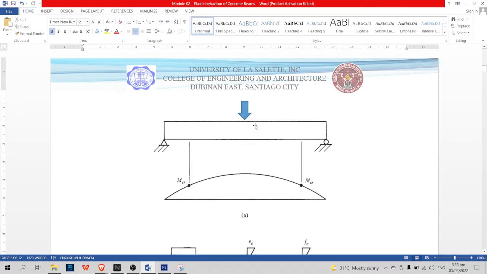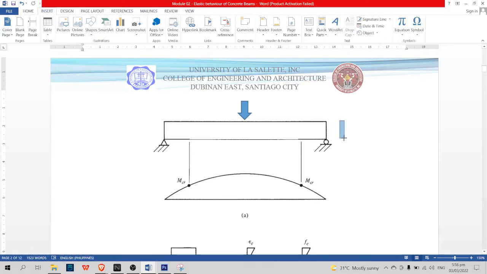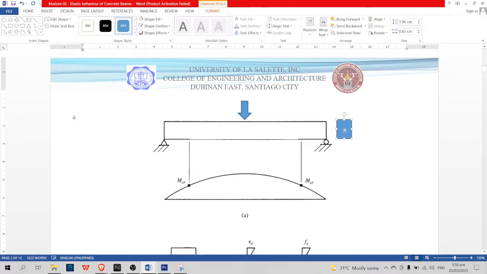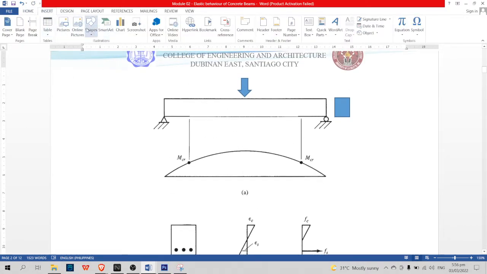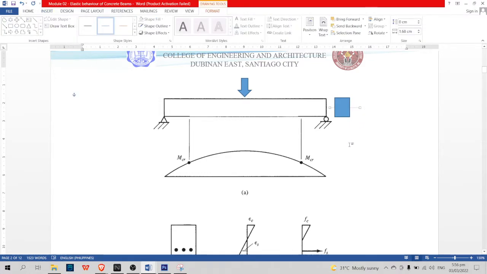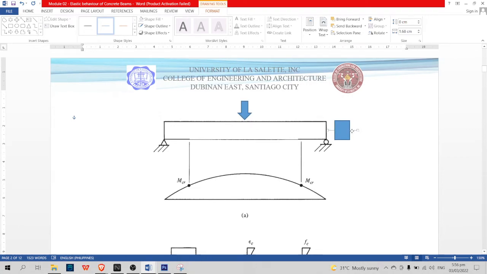Okay? Di ba tandaan nyo sa strength of materials. Kasi itong unang part natin, almost always strength of materials lang yung principles na gagamitin natin.